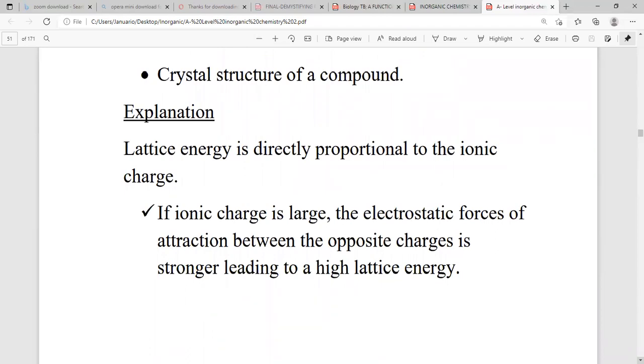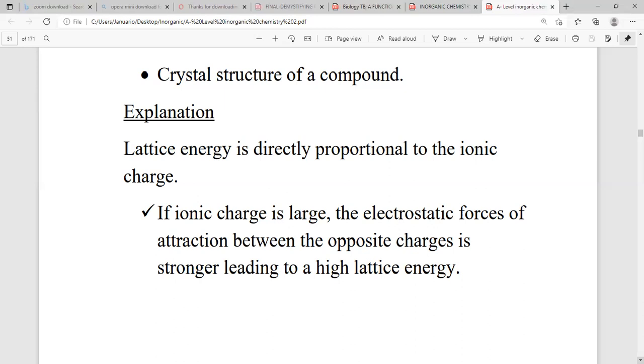and the lower the ionic charge, the lower the lattice energy. Why? If the ionic charge is large, then you expect the electrostatic forces of attraction between the opposite charges to be stronger, leading to high lattice energy. You expect the electrostatic forces of attraction between the cation and the anion, the gaseous constituents that form this ionic salt, to be very strong.